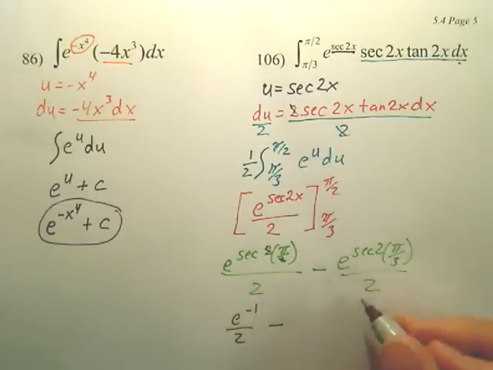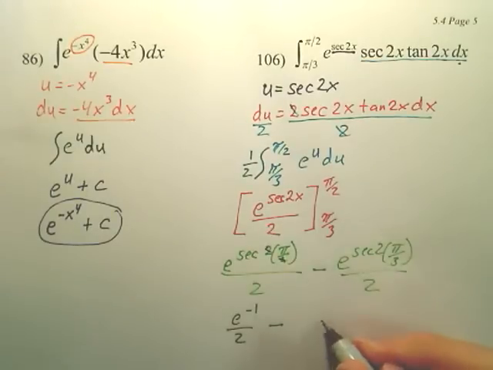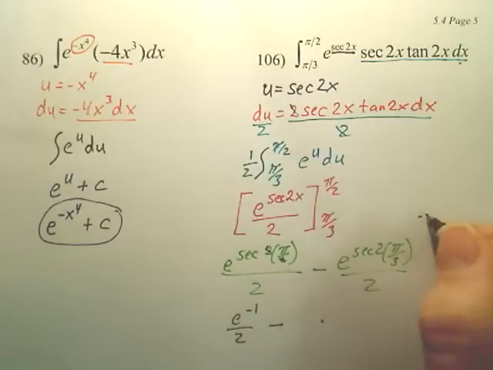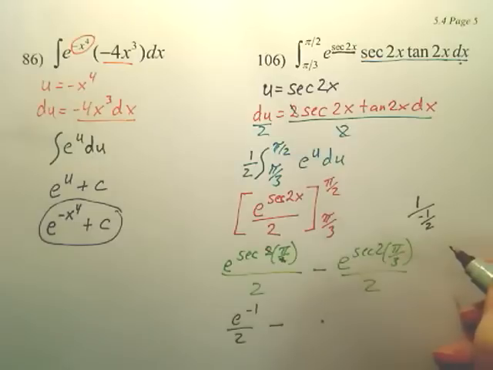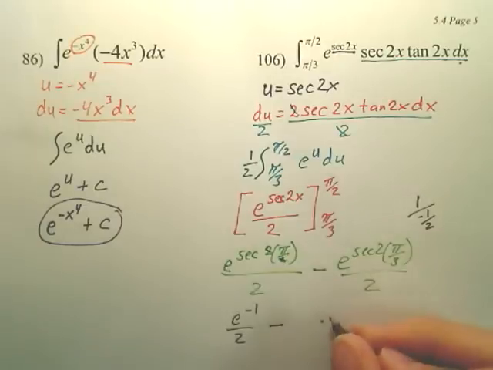But it's negative 1/2 under 1, because secant is 1 over cosine. So 1 over negative 1/2 is what? Negative 2.